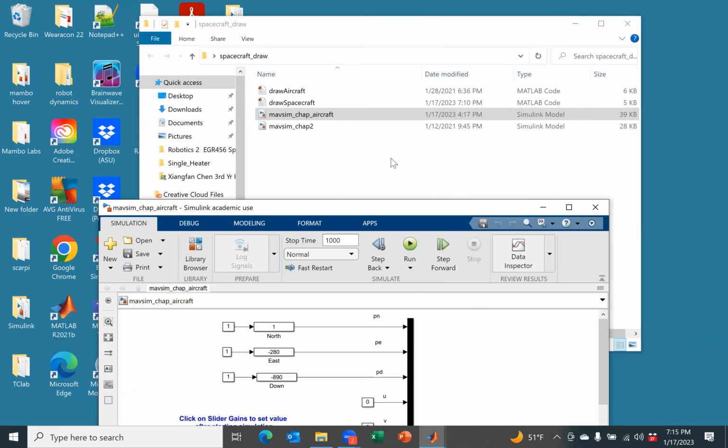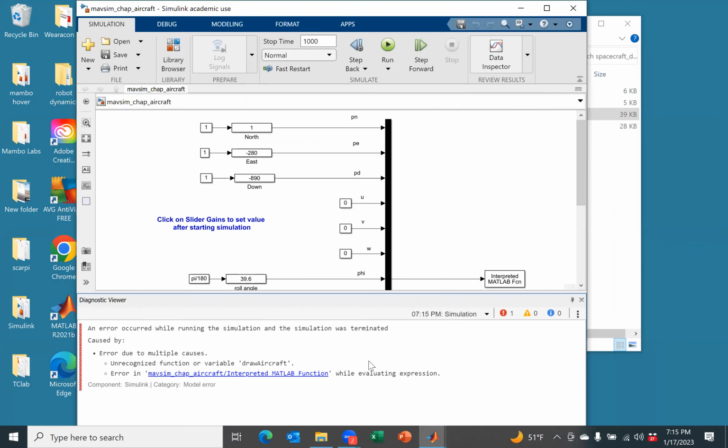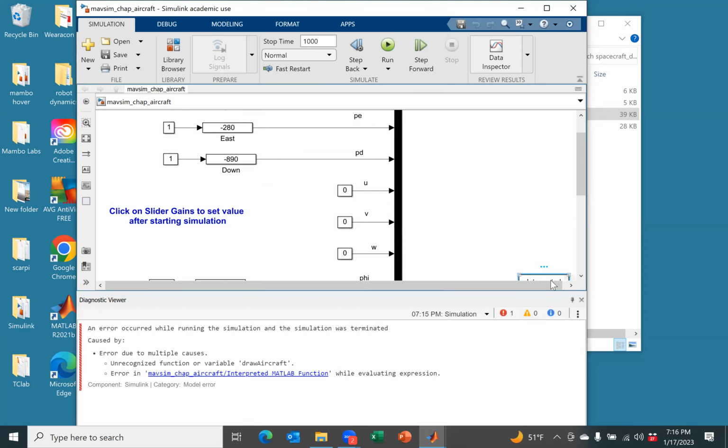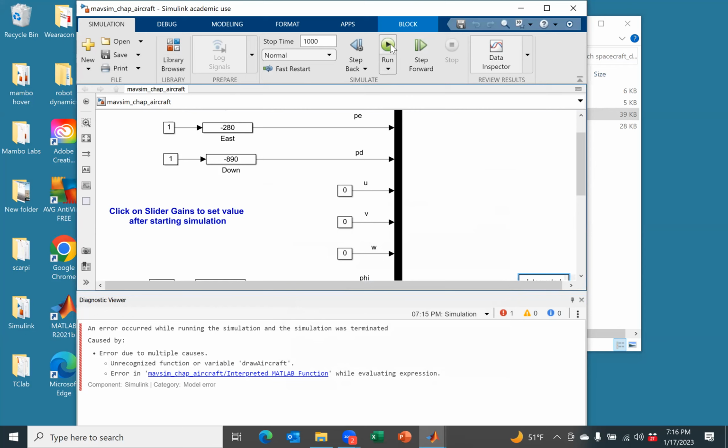What you can do is you have this draw aircraft, and this aircraft should be drawn. So interpreted MATLAB function, draw aircraft, run, unrecognized.